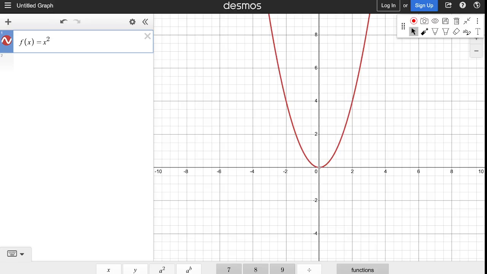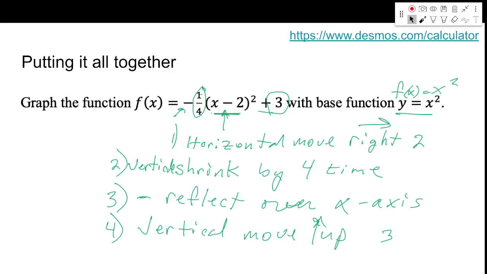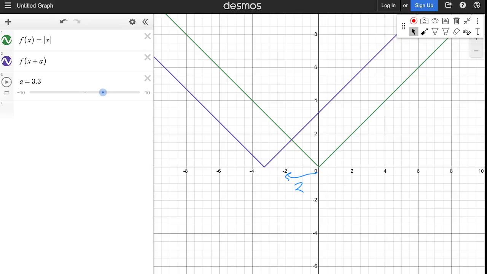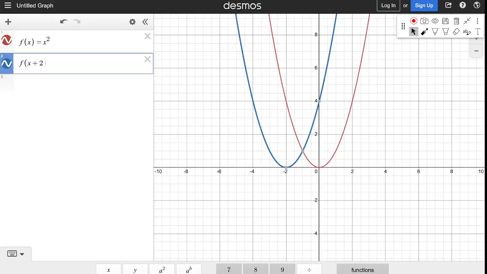So there's that. We'll come down and take f of x, and the first thing we're going to do is inside that function add 2, and that should move it, right? Oh, are we adding 2 or subtracting 2? I forgot. We're subtracting 2, because I thought we were moving to the right.